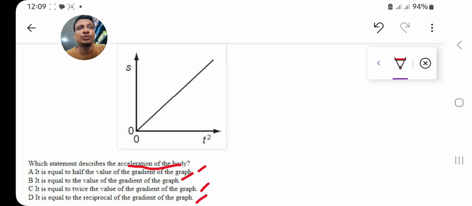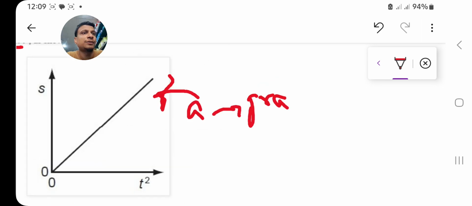So somehow we need to find the relation between acceleration and the gradient of this graph.